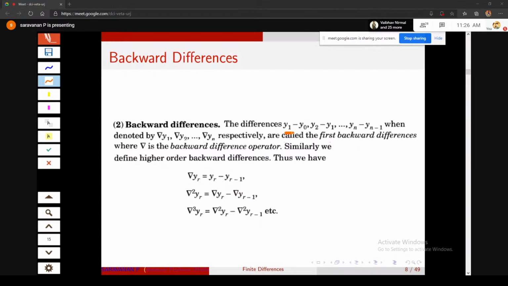So y1 minus y0, the first suffix is y1, so I denote it as del y1. Here the first suffix is y2, so del y2. Similarly, here it is yn, so del yn. Okay, so backward difference operator is defined as same value, whatever here you write it, minus the previous value, one step prior to this, that is yr minus 1.